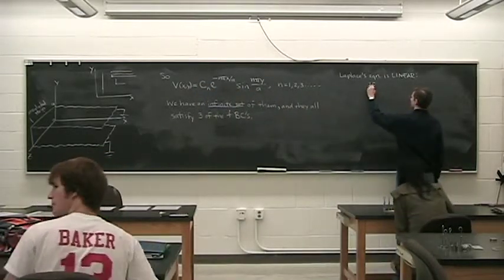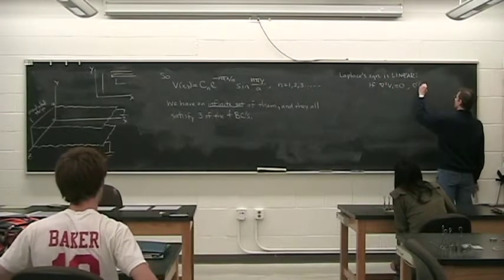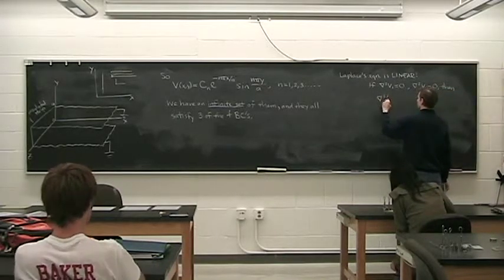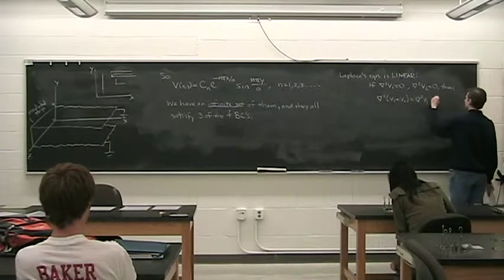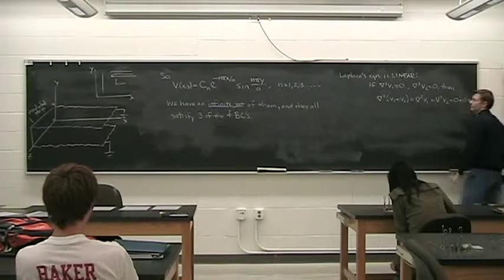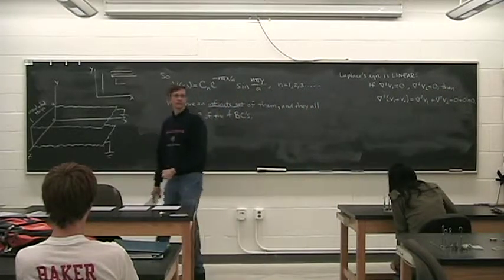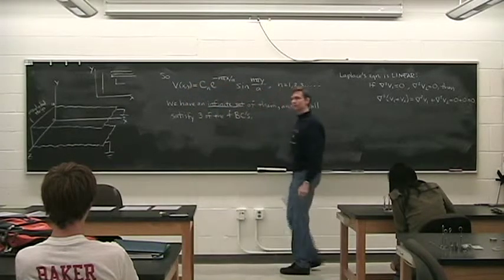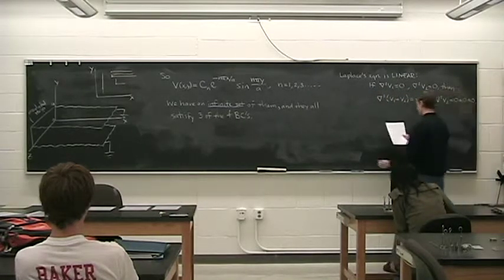In other words, if grad squared v1 is equal to 0, and grad squared v2 is equal to 0, then grad squared of v1 plus v2 is grad squared of v1 plus grad squared of v2, which is equal to 0 plus 0, which adds up to 0. So any sum of solutions of this form is also a solution of Laplace's equation.